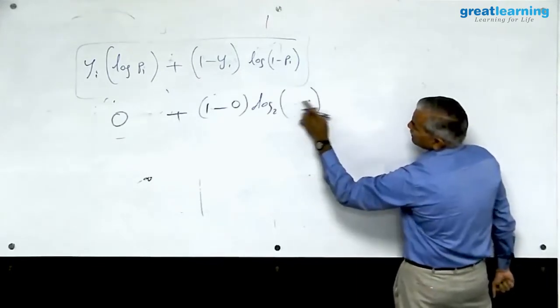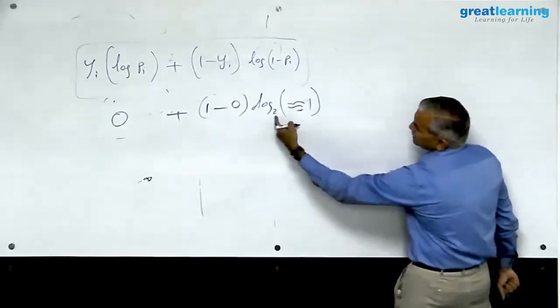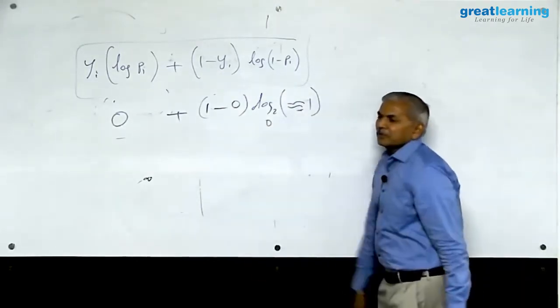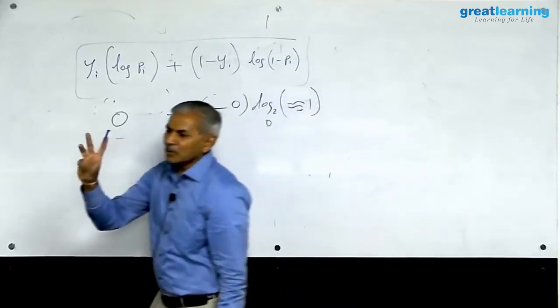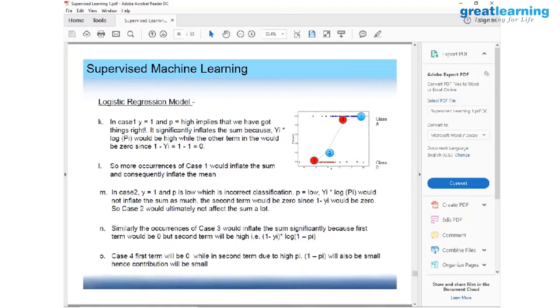This expression becomes very close to 1, so this also becomes 0. So whenever you do correct predictions of blue class and red class, the contribution to the error function is very close to 0.